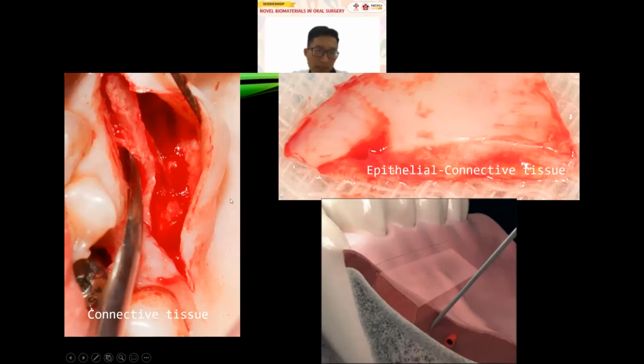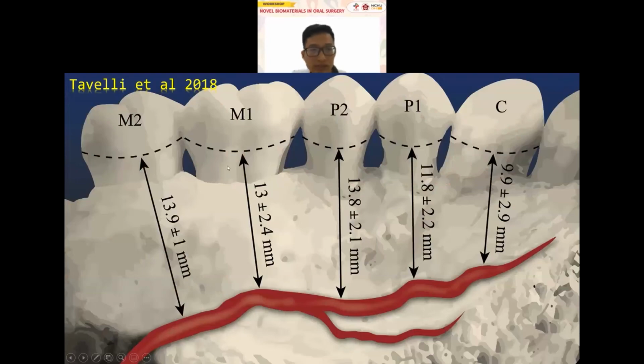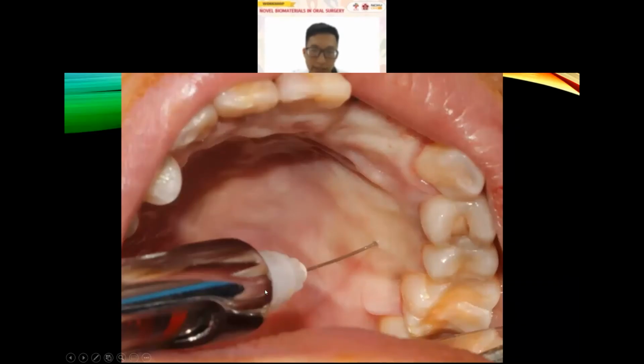With both techniques we have to be cautious about damaging the greater palatal artery. Exactly the dimension in the literature from the cervical of the posterior to the artery.